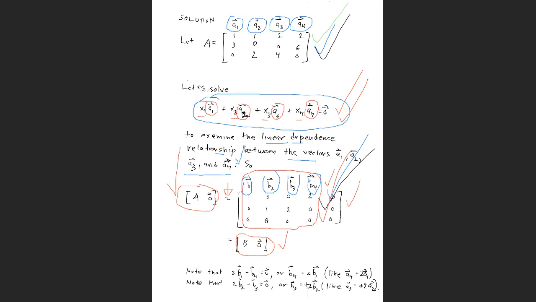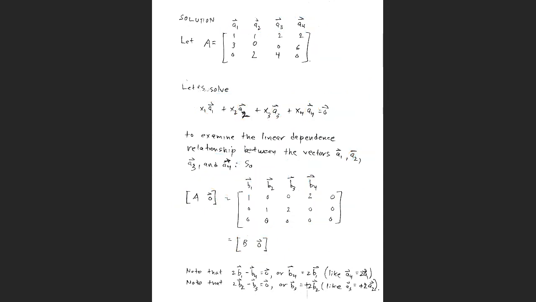And you see, when you get the matrix here, we have this matrix B that's in reduced row echelon form. Is it easier to observe the linear dependence relationships between the column vectors of B, or is it easier to observe the linear dependence relationships between the column vectors of A?